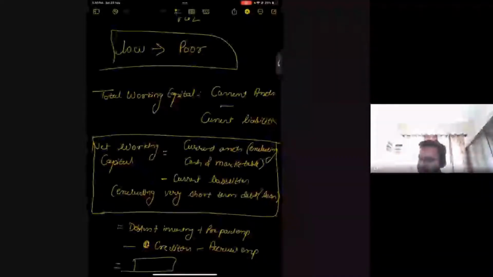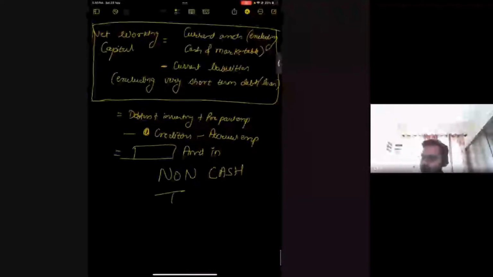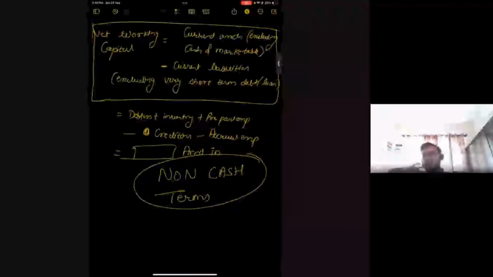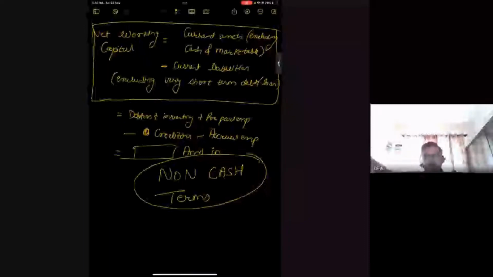It basically tells me the amount in non-cash terms, barring cash, whether it is in the bank or something that you owe to the bank. Let's forget bank balances for the time being.